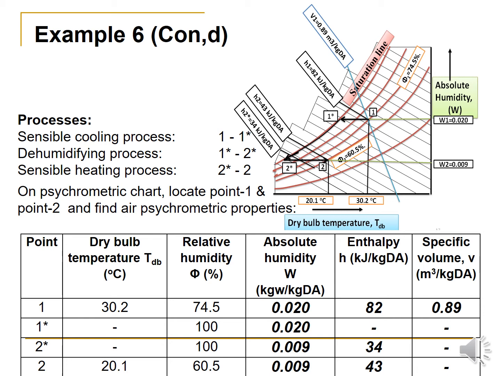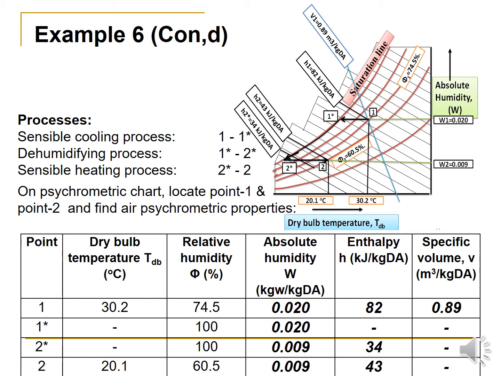At point number 2 star, again the line will follow the dew point line at 100% relative humidity. However, the absolute humidity value will be changed. Its value was 0.009 kg of water per kg of dry air.